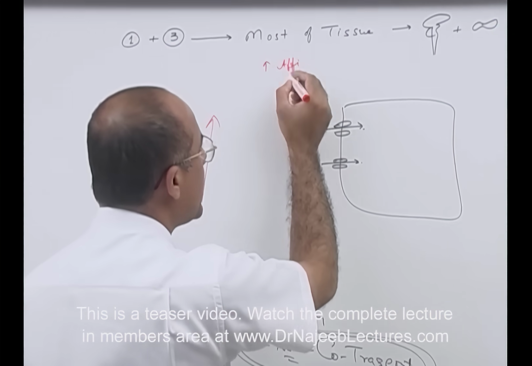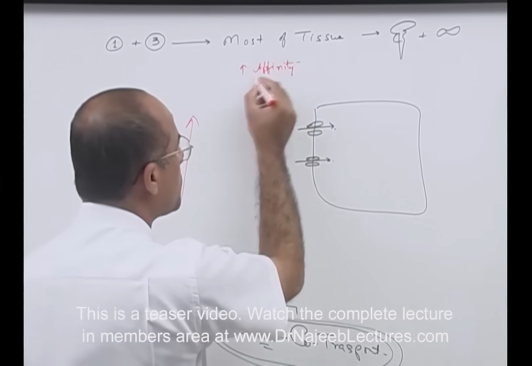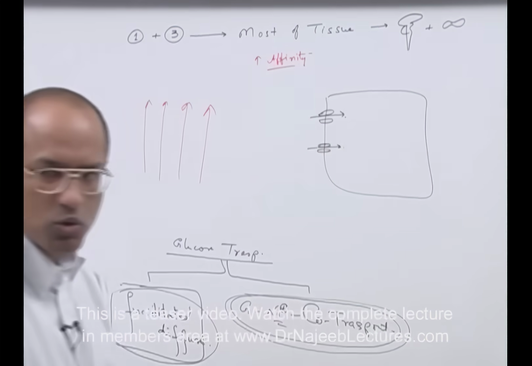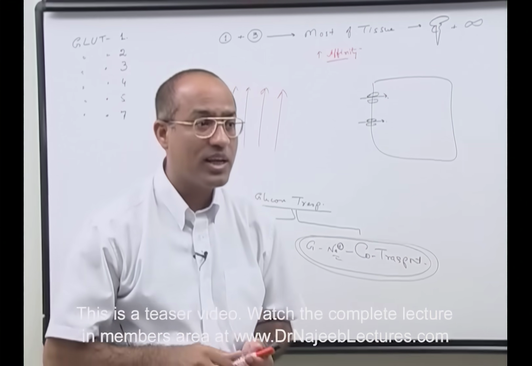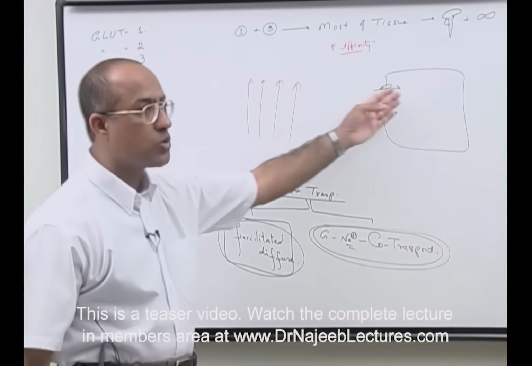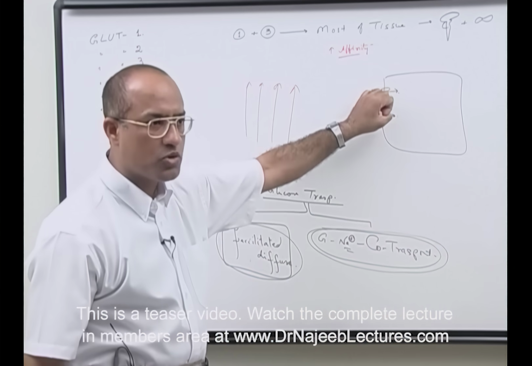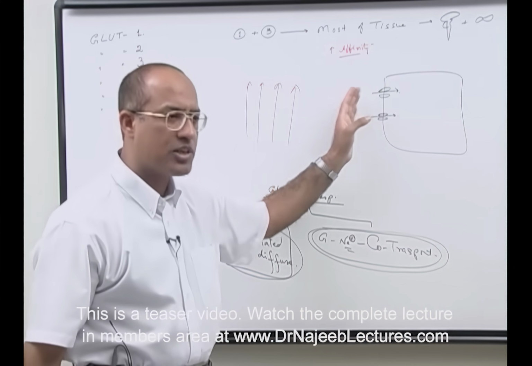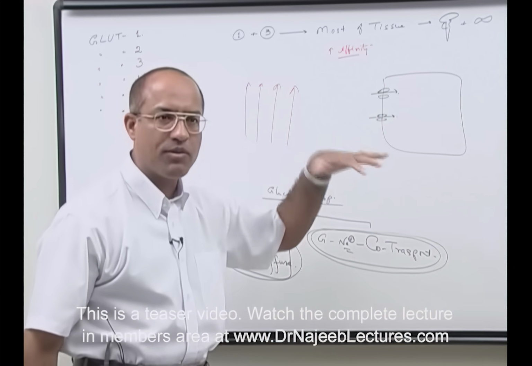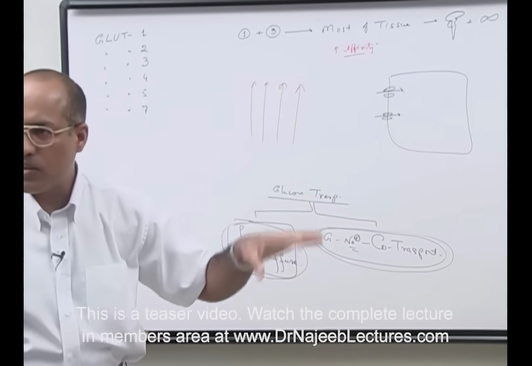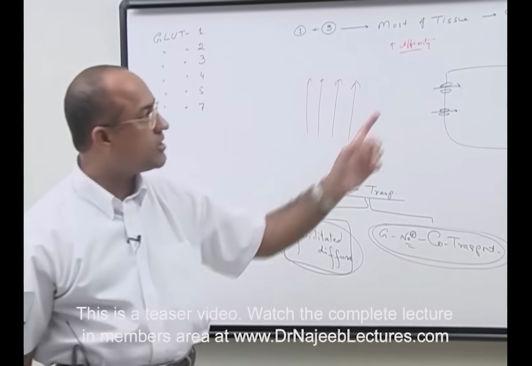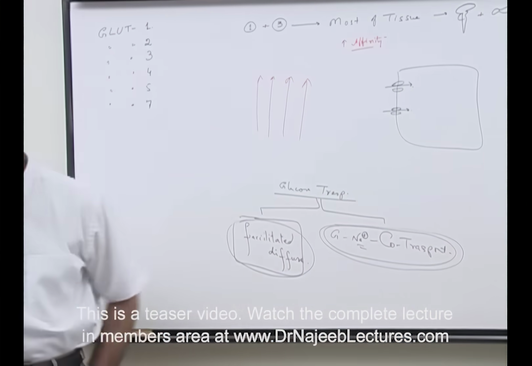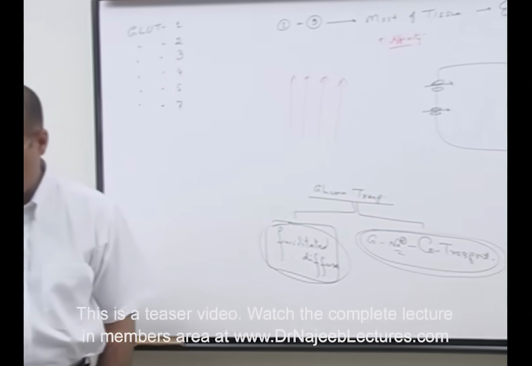When I say they have high affinity, it means they bind strongly with glucose. So they can capture and transfer glucose even when blood glucose levels are low. Type 1 and type 3 glucose transporters are working when blood glucose levels are low.